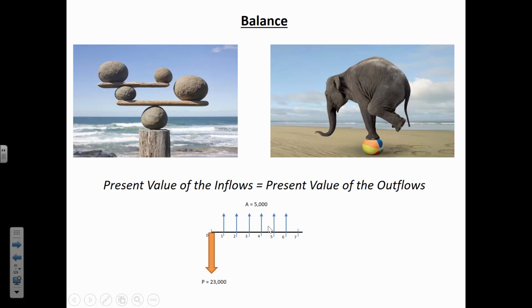If the interest rate is 0, then the future amounts have the same value as present amounts, and $30,000 is the aggregate total coming back. So there's some interest rate that makes equilibrium between the value of the inflow and the value of the outflow. And by value, we mean the economic value when the time is taken into account.